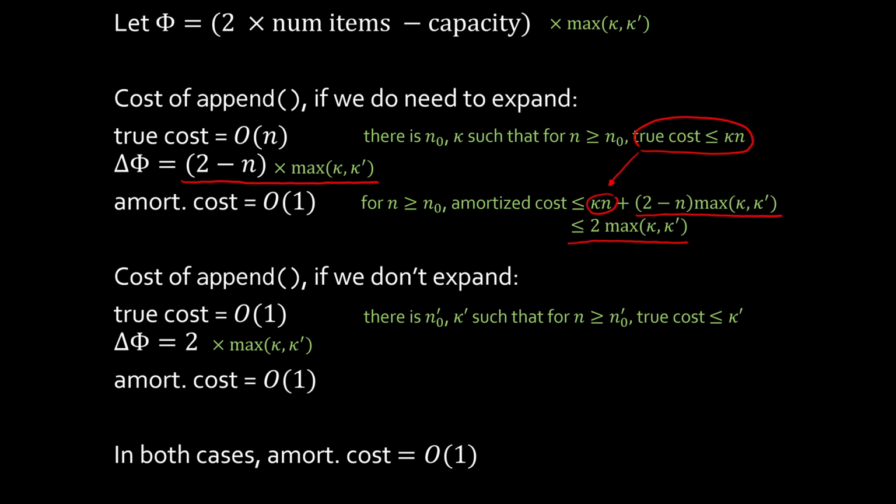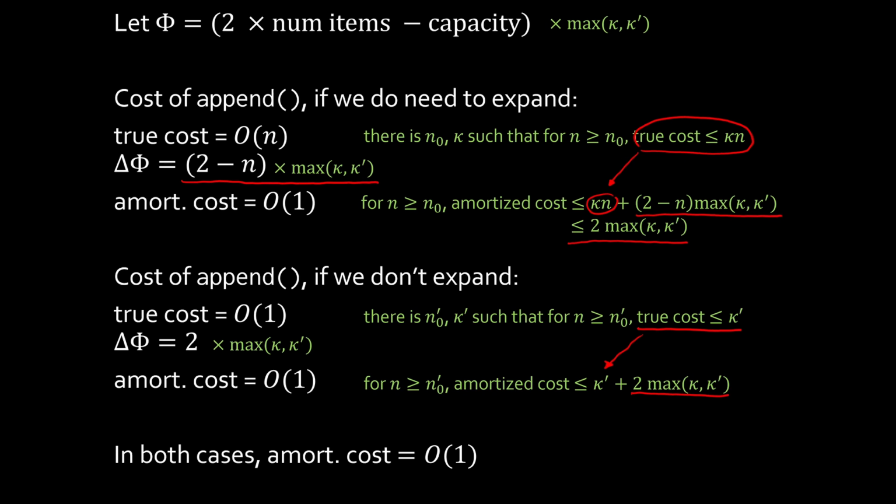Same trick applies in the other situation. The true cost is O of 1. The change in potential is twice times maximum of kappa, kappa prime. If I unpack the big O notation, it tells me that the true cost of the operation is less than or equal to kappa prime. And so for n sufficiently large, the amortized cost is equal to true cost, and we've said true cost is less than or equal to kappa prime, and we've also got a 2 times a constant from the change in potential.